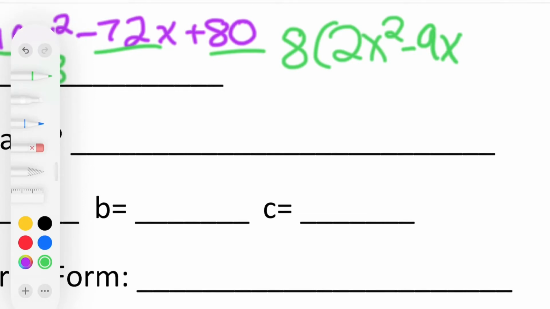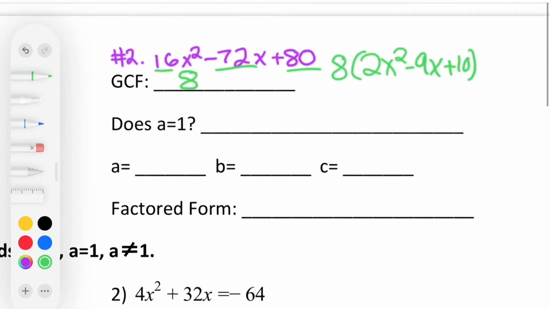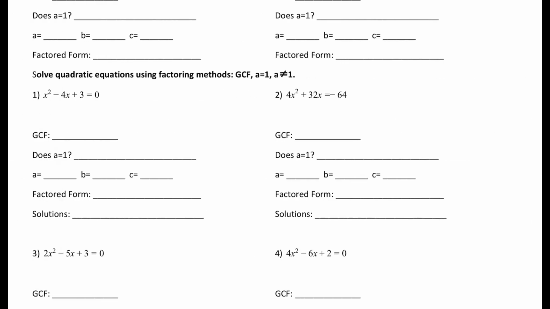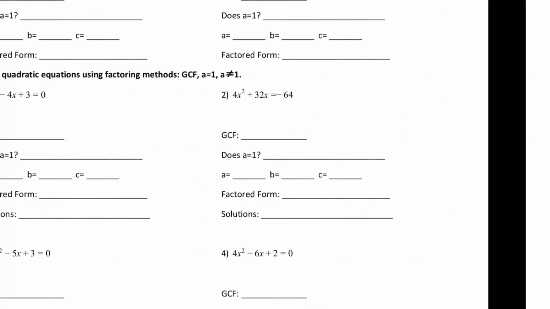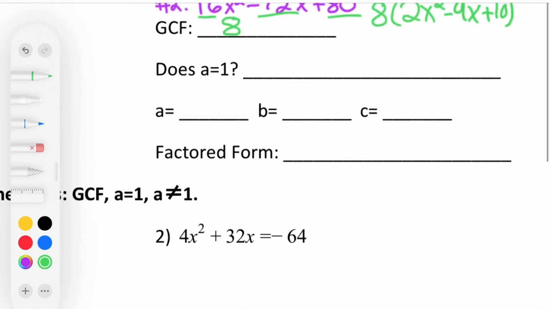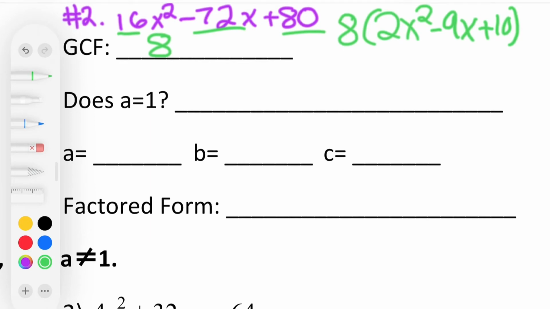Then we're going to take 80 divided by 8 and we get positive 10. So this is how we factor out our GCF.